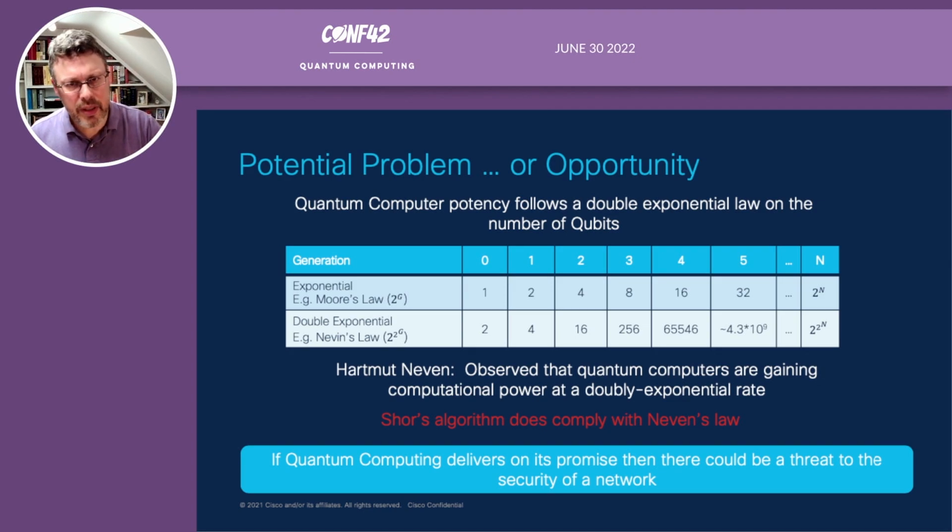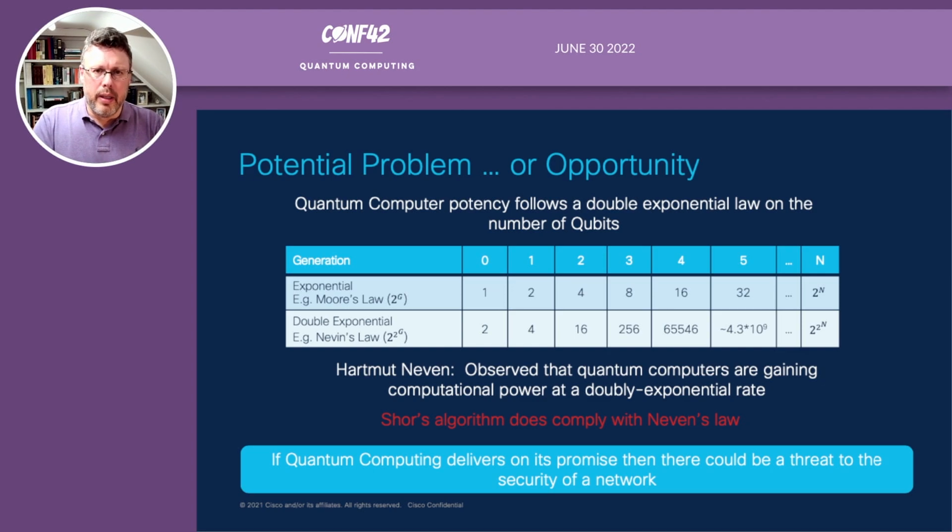Now, the interesting thing is that if you have algorithms such as factorization algorithms, which can be optimized for quantum computers, then you start to see the potential that this kind of computation has versus classical computation. And if you have a means of factorizing numbers very, very quickly, then you have a means of actually breaking ciphers in classical networks, which is what we're going to show in the next slide.